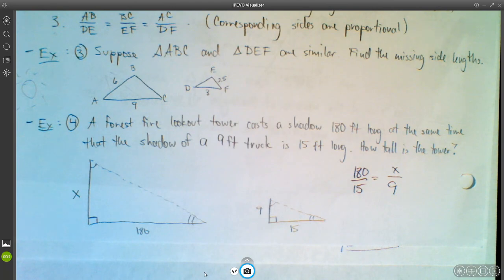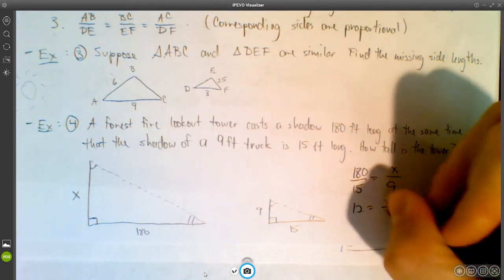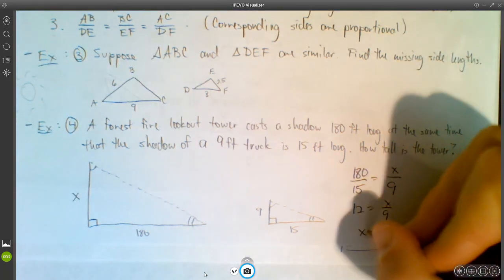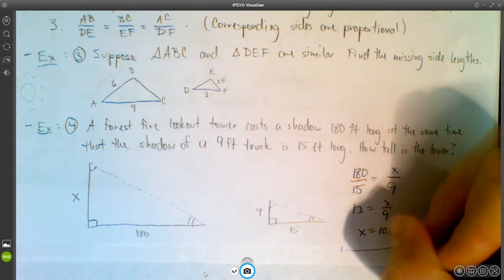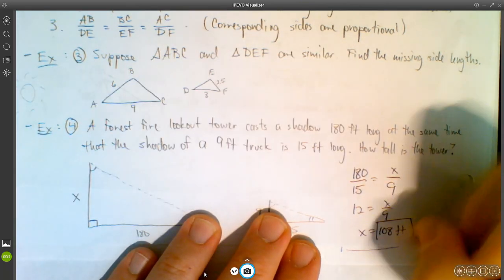Does 15 go into 180? Oh, I think it does, actually. Yeah, 12 times. So 12 equals x over 9. Now I just need to multiply by 9. 12 times 9. X is 108 feet, right? So the tower is 108 feet tall.